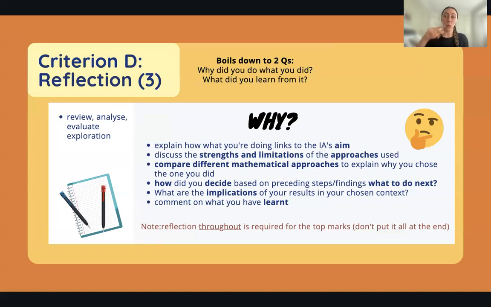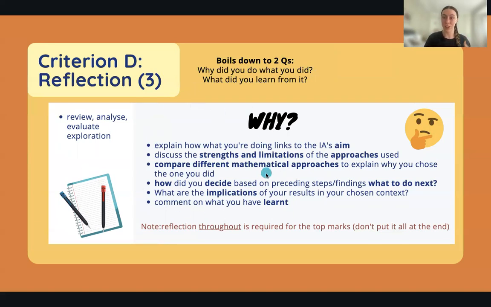In the maths IA, you want to incorporate that throughout your exploration, to say, I chose to do this step. I understand that there are these limitations associated with that because I am working with this type of data, for example. However, I chose to proceed because of this other reason. So acknowledge the limitations of what you're doing throughout and continue to reflect on why you're doing what you're doing.